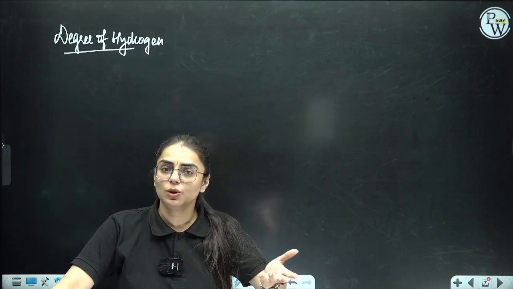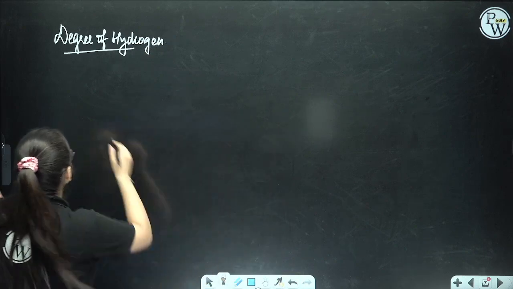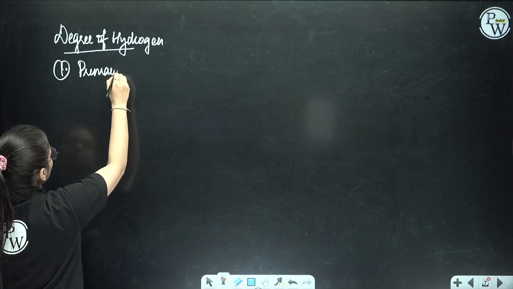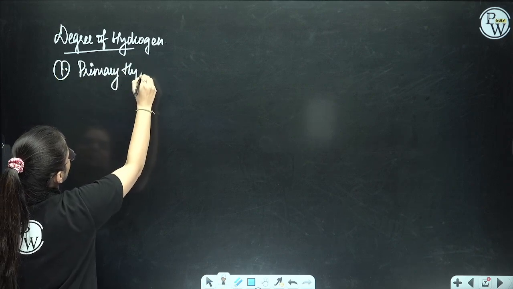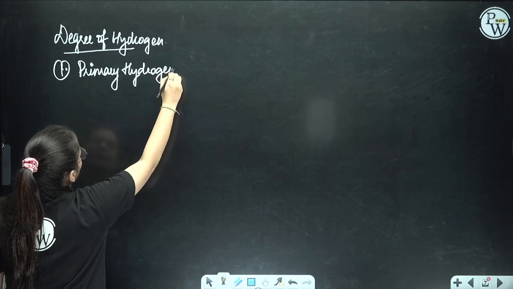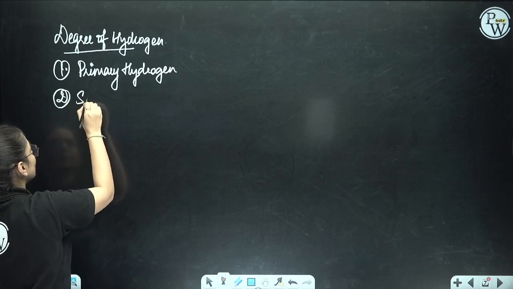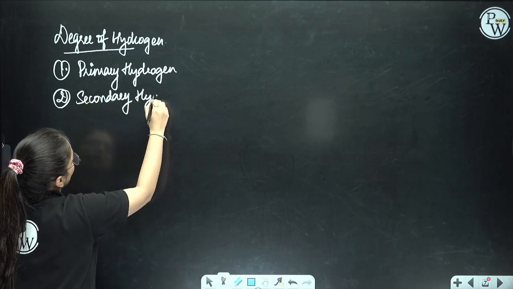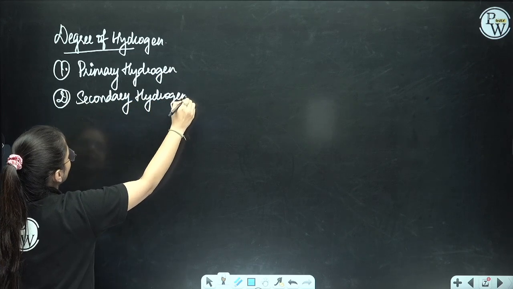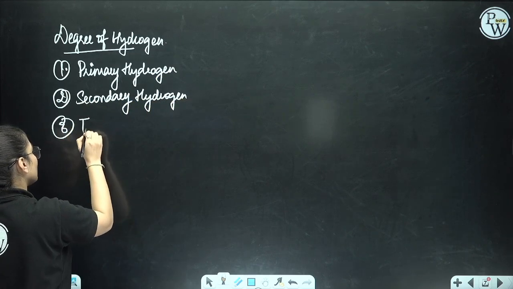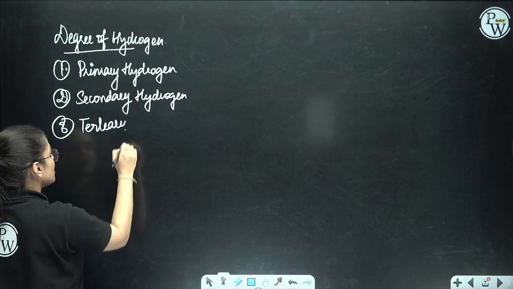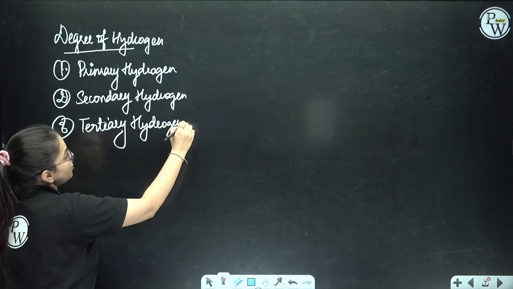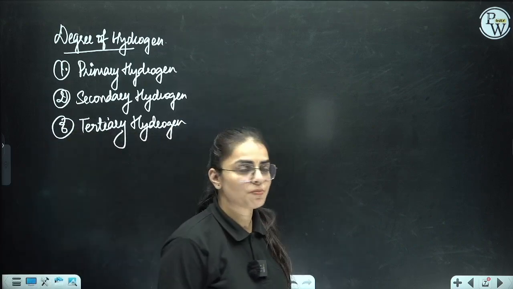You will get to know the reason why. The very first degree of hydrogen is primary hydrogen. The second one is secondary hydrogen. The third one is tertiary hydrogen. Students, we do not have quaternary hydrogen, remember that.